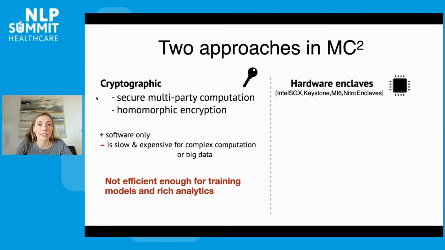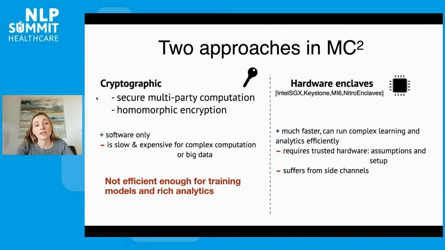Also, rich analytics is not currently practical. The overhead is still around 10 to the 6, basically 1,000,000 times slower, depending on the application. It's practical though for very specific functionalities, but for more rich functionalities like training of many algorithms or data analytics, that's too complex for these kinds of tools to support.